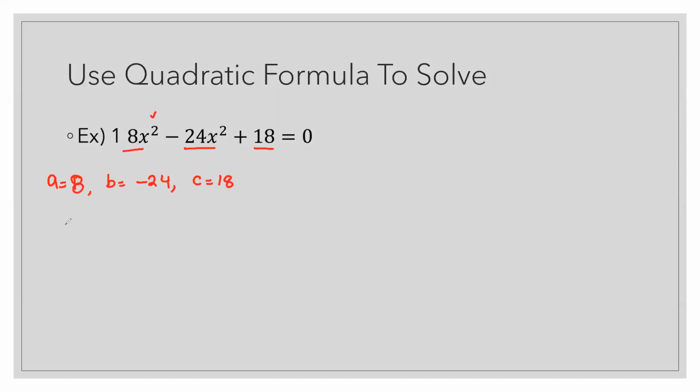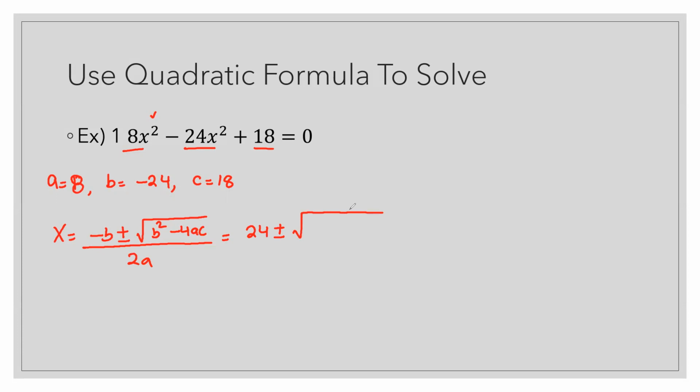So if you recall, the quadratic formula is x equals the opposite of b plus or minus the square root of b squared minus 4ac, all over 2a. What's the opposite of b? If my b is negative 24, the opposite of that is positive 24, plus or minus root b squared.